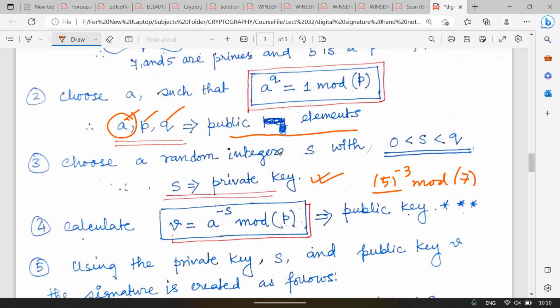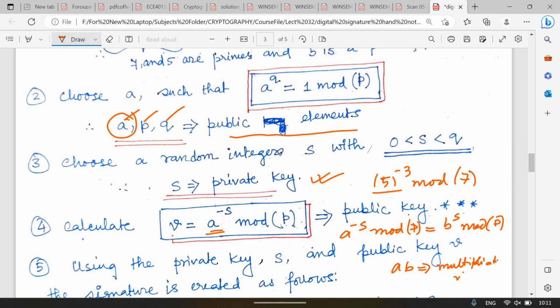So please make a note of this. If you come across this kind of scenario in modular arithmetic, this is nothing to do with the algorithm, it's just a modular arithmetic part. If it is A to the power minus S mod P, we can write this as B to the power S mod P, with B to the power S positive, considering A and B are multiplicative inverses.